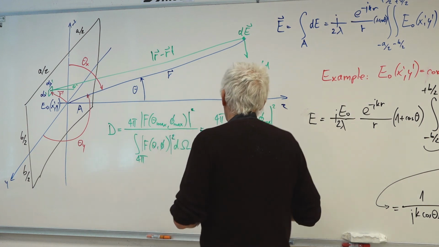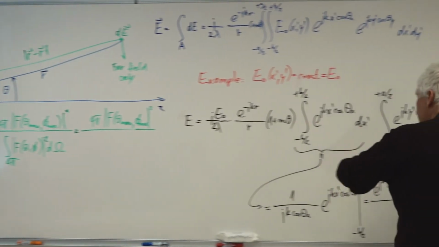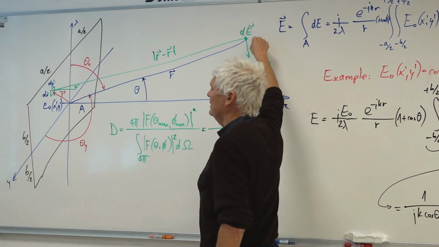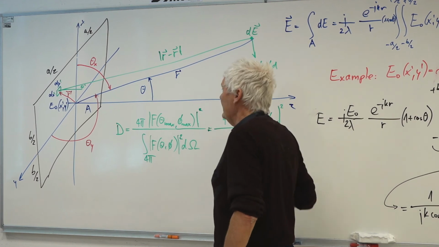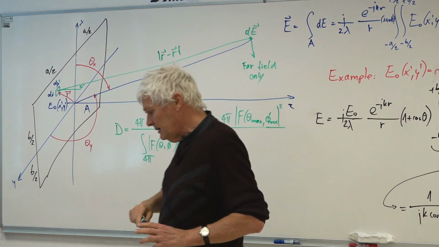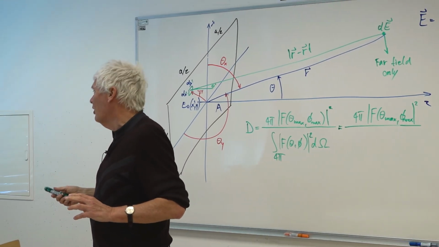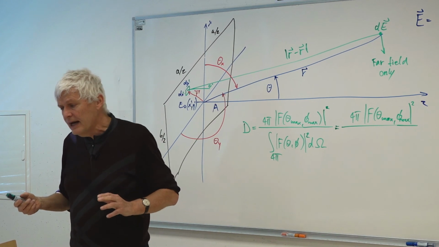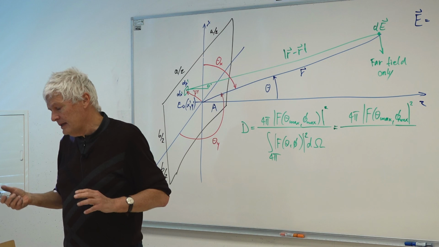But on the bottom, I need not integrate over a distant sphere in the far field. Why did I do this integration in the far field? Integration in the far field over the whole solid angle of 4 pi, I did just to get the radiated power.